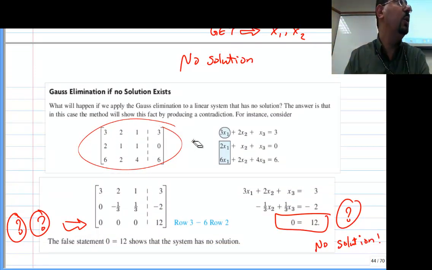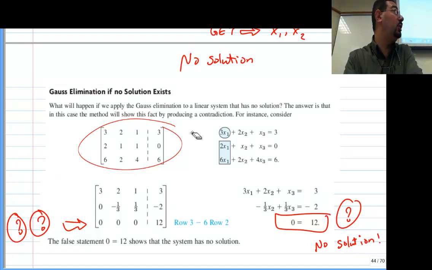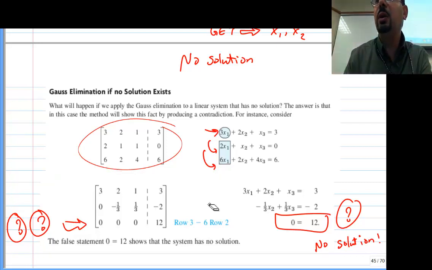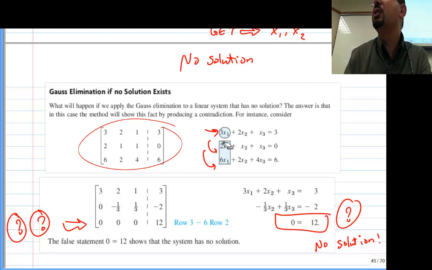And here is the no solution case that I was telling you about. A 3 times 3 equation system. Okay, that sounds promising, that maybe we'll get a unique solution. Starting with the 3, the pivot, he gets rid of the 2 and he gets rid of the 6. How? He multiplied the row by minus 2 over 3, and this guy he multiplied by minus 6 over 3.